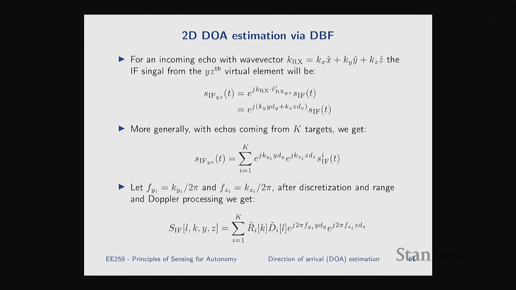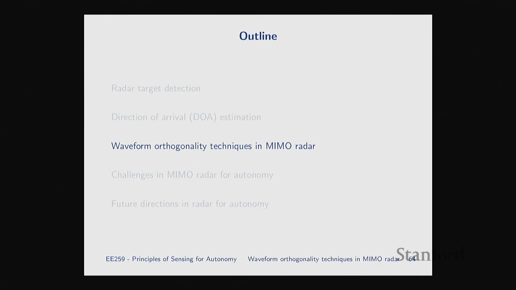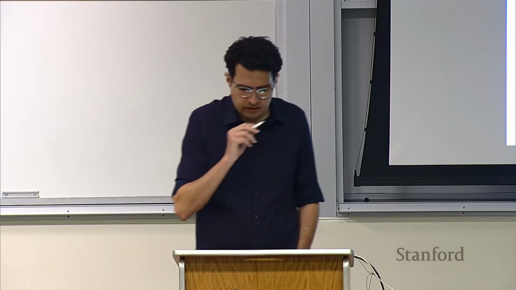Okay, next topic is this idea of waveform orthogonality for MIMO radar. When we developed this concept of virtual array, there was an implicit assumption, which is extremely important, but we didn't talk about it till now.